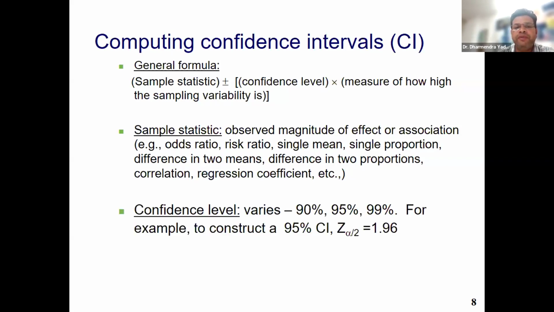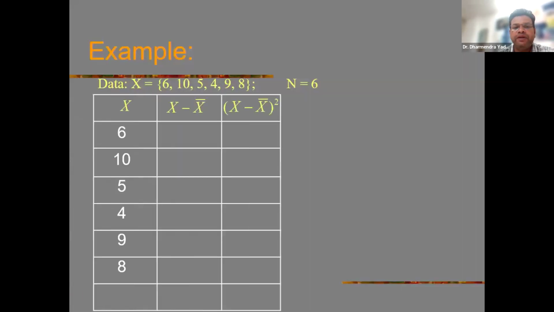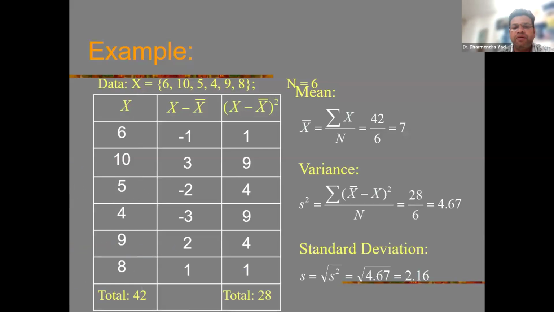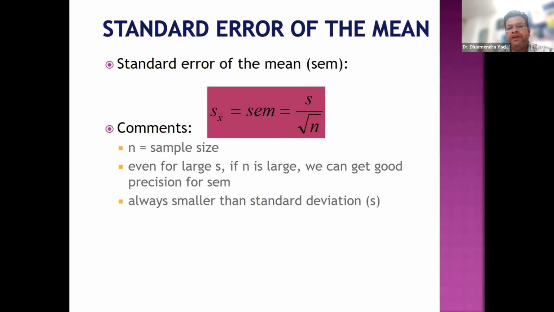Okay, so since sampling variability comes to the standard error, now we have all the values. Here we can see that there is an inverse relationship between standard error and sample size.